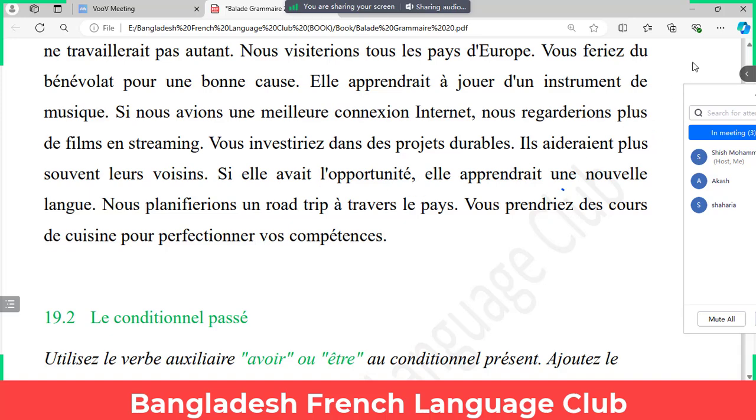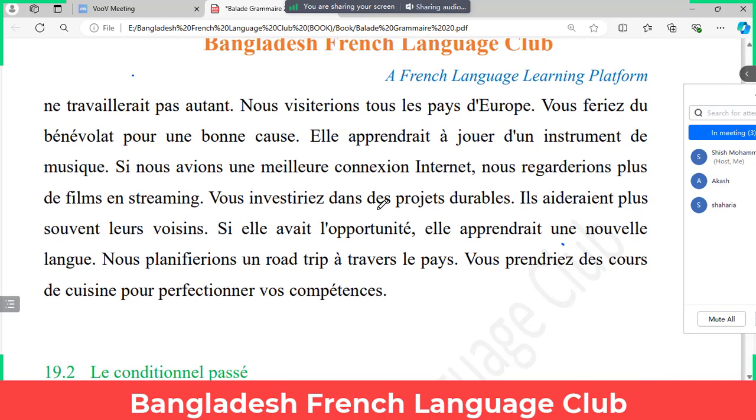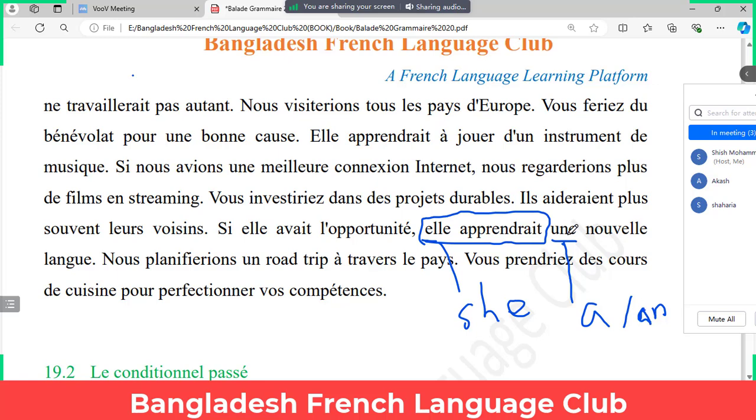Any question? Yes, please. Here, il or elle, and then un or une. Which one is for he or she? E-L-L-E means she. Un is a or an, an article. Then une nouvelle.